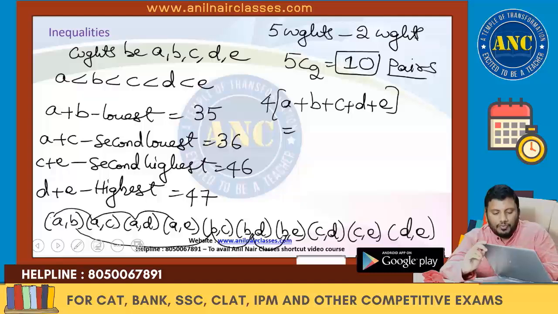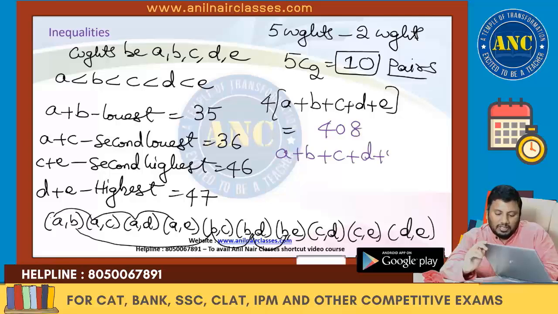So 4 times A plus B plus C plus D plus E is 408, and A plus B plus C plus D plus E is 102.